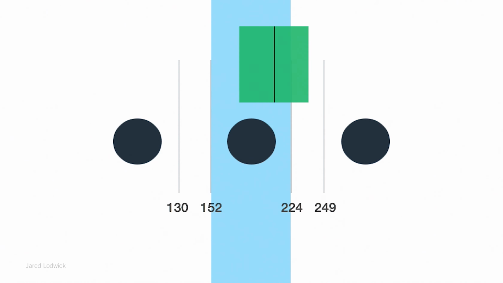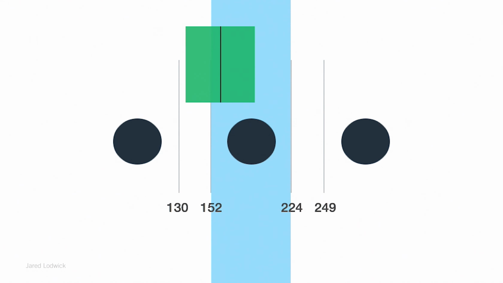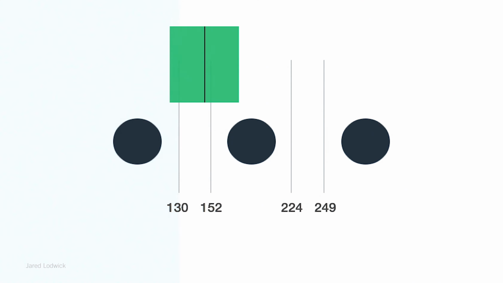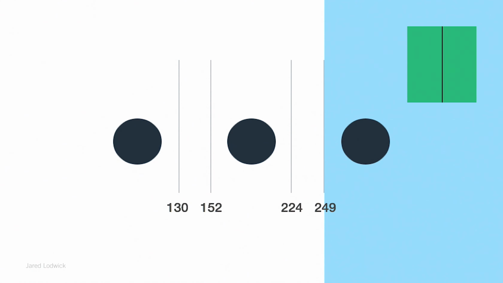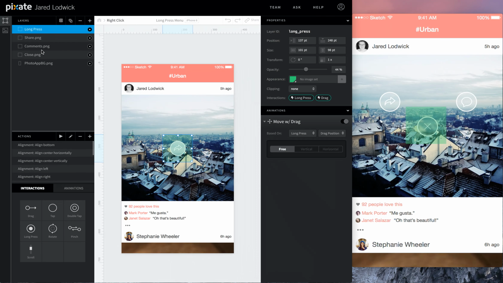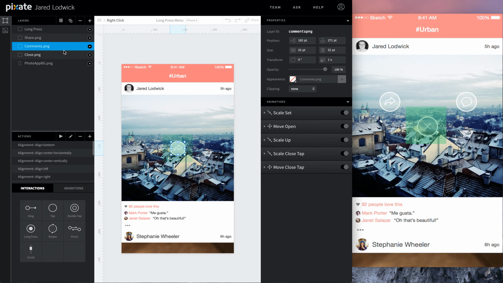If we drag it anywhere from 0 to 130, the button on the left is going to react. And if we drag our thumb anywhere past 249 to the right edge of the screen, the button on the right will react. So first we'll do the easy one, which is going to be this comments button.